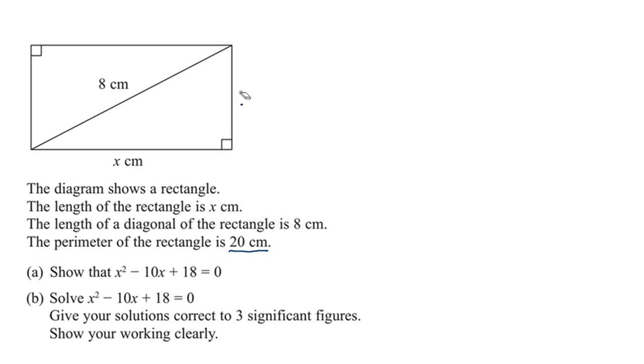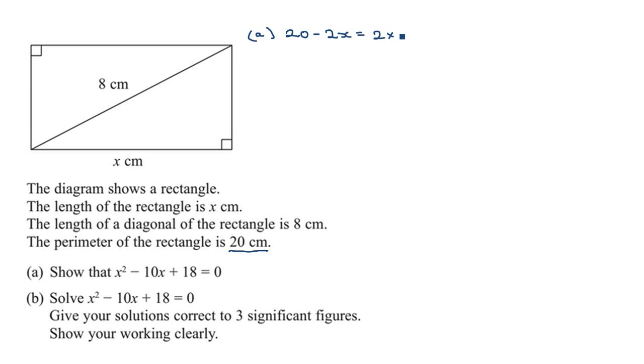So if the perimeter is 20 centimeters, then let's work on A. If we subtract from 20 the two lengths here, so that's going to be x and that's going to be x as well, so it's 20 minus 2 times x, or 20 minus 2x. Then that's going to be twice the width.